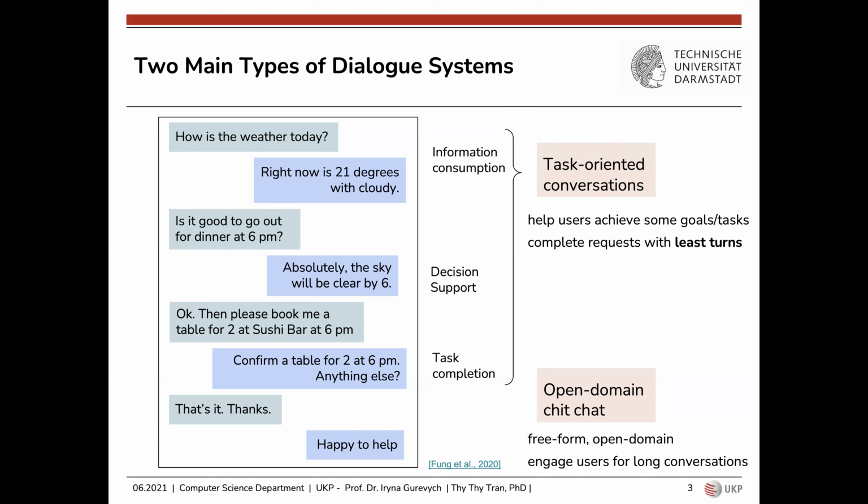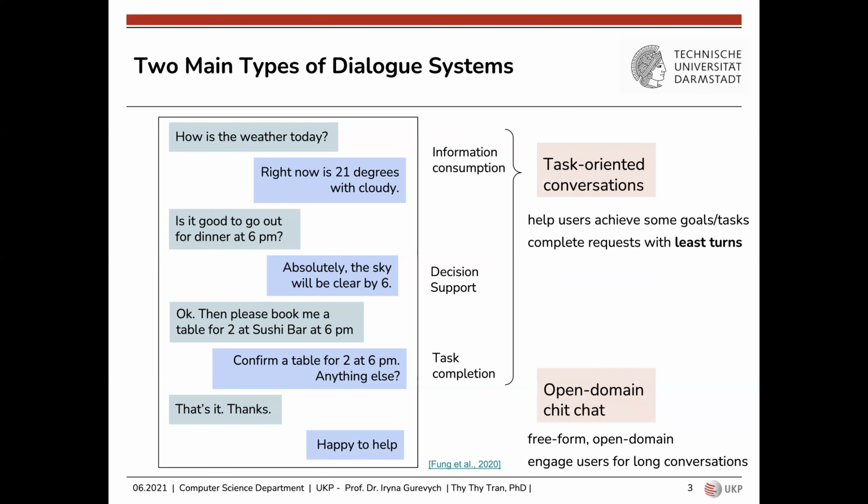Other decision-making process includes suggestion for taking some online courses, book recommendation, and so on. Last, conversational agents help users to complete a task, such as restaurant reservation, airplane booking, and scheduling meeting.